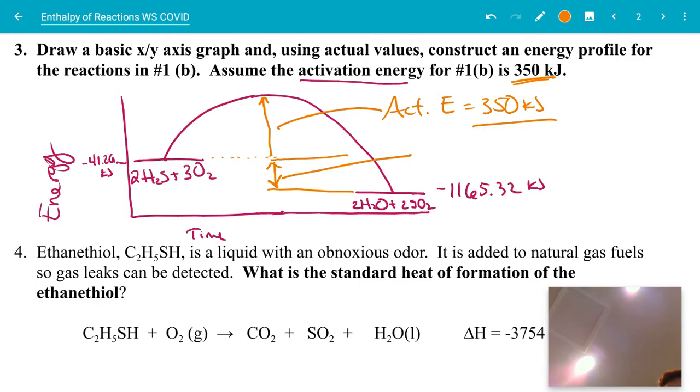So that's our delta H of formation, and that was the number minus 1124.06 kilojoules per mole, for the molecules at the end. That's the difference between the reactants and the products, the final answer right there.